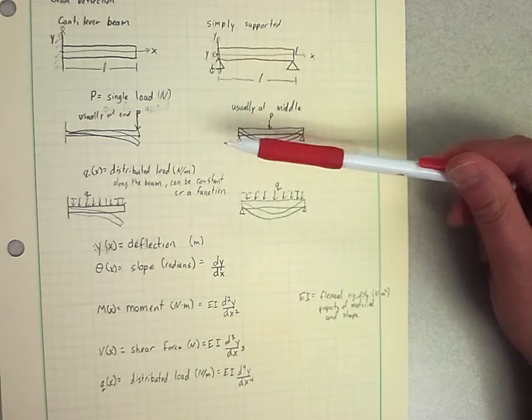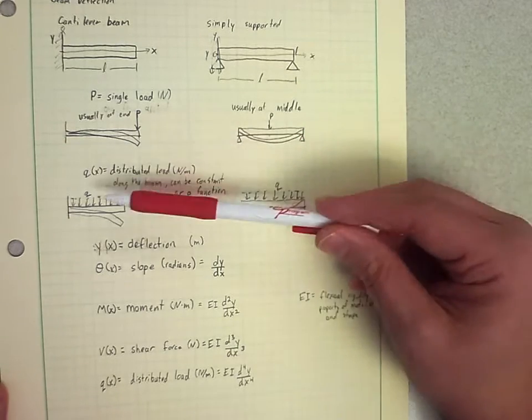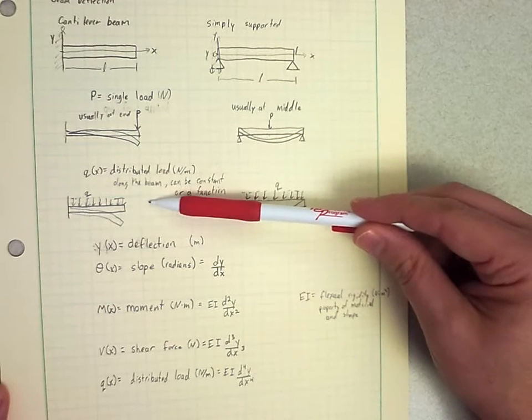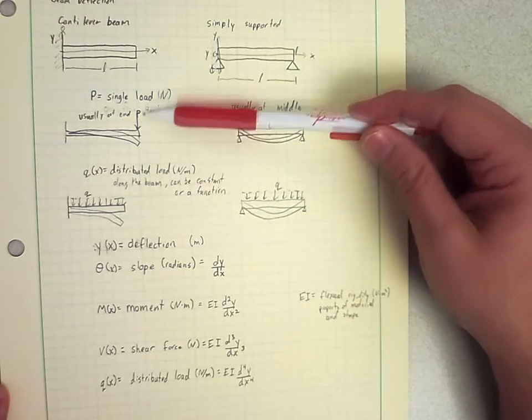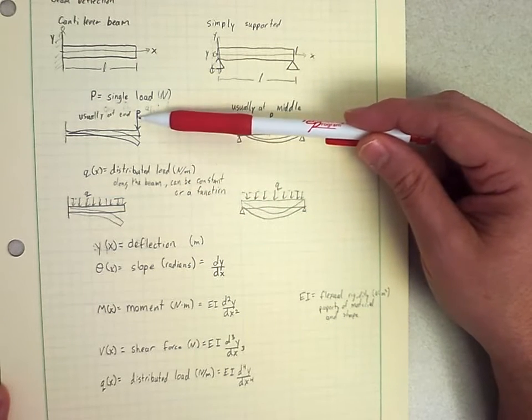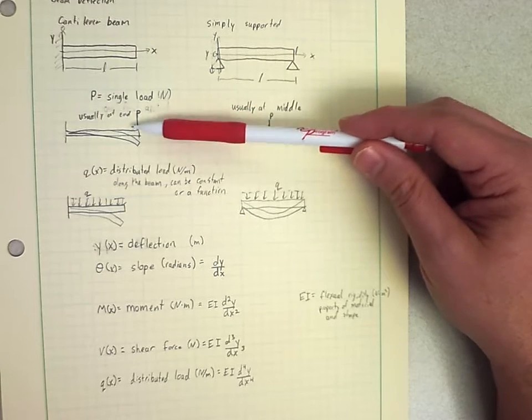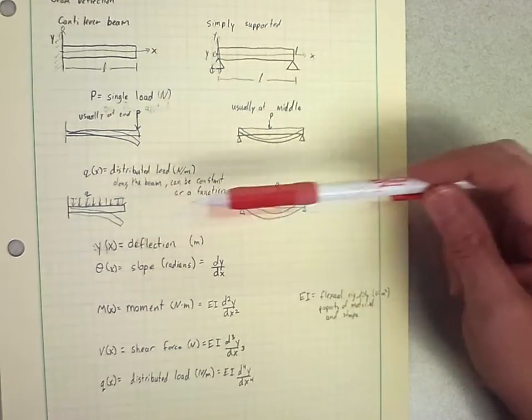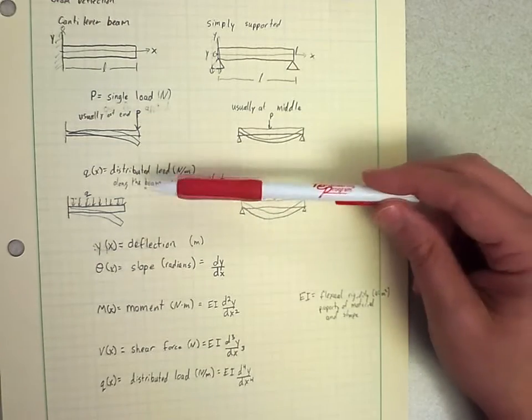We want to relate that to a distributed load, one that would be spread out over the entire surface of the beam, instead of just thinking of it as, okay, what's the load on the end of the beam that's causing this? What would be the load over the whole thing that would cause the same sort of deflection?